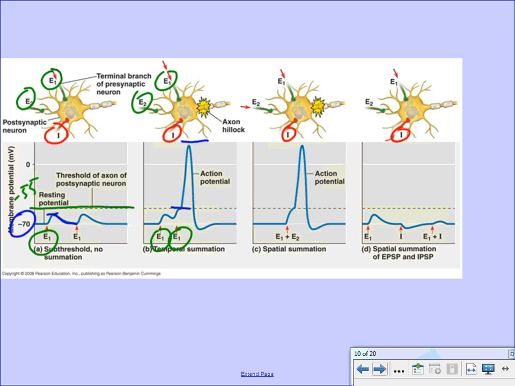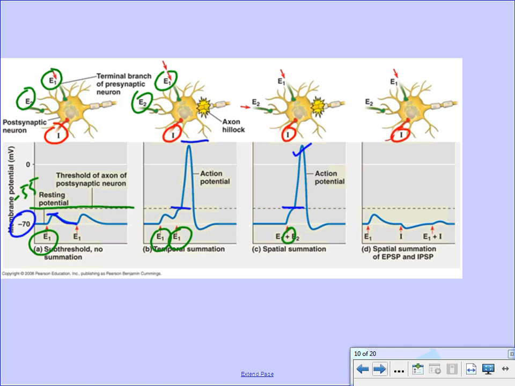The third one that we're taking a look at here, now this is still summation. It just gives it a slightly different name, a spatial summation. In this case, it's not one excitatory after the other one, but it's both of them at the same time. It turns out achieving the same result, though. They are added together, enough excitation to reach the threshold potential, and again, as long as we do that, we get an action potential. The last one here is the only one where we do see inhibitory.